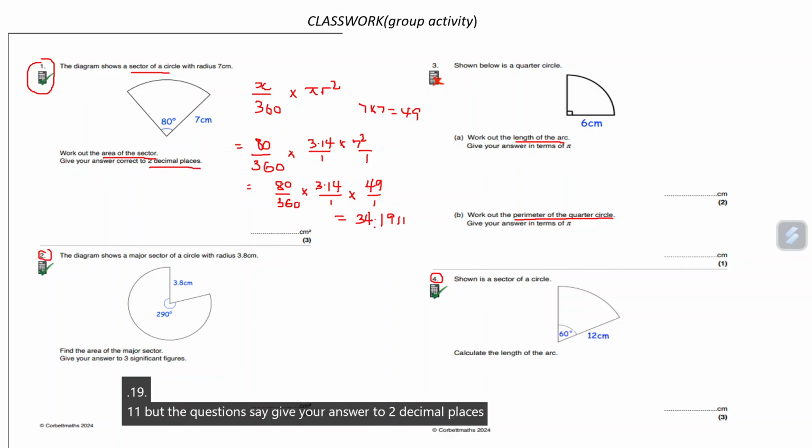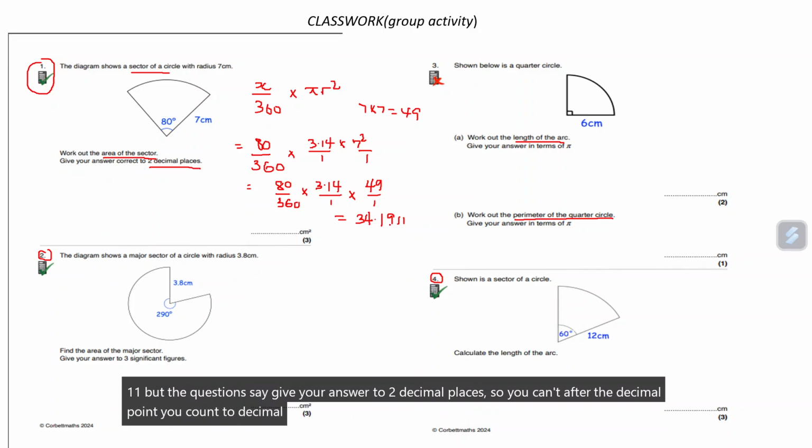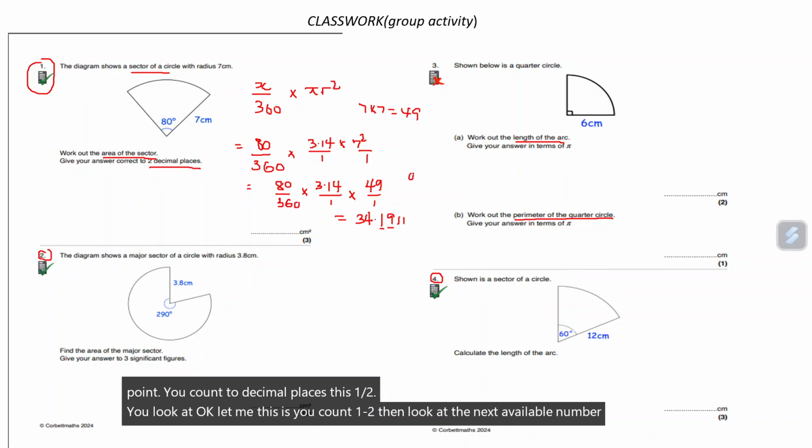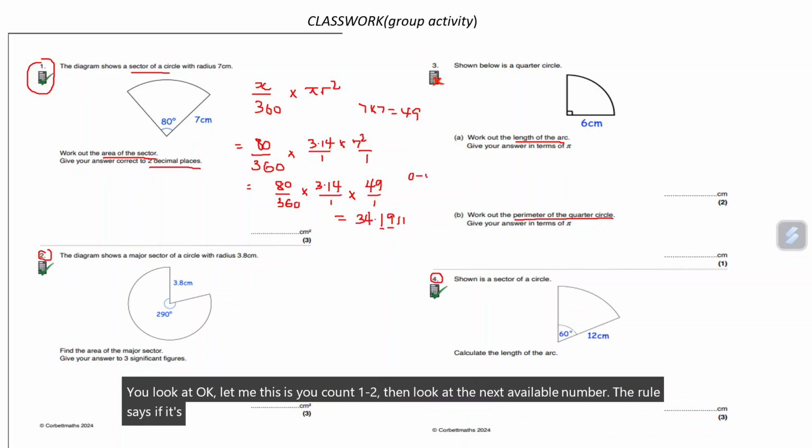So you count after the decimal point, you count two decimal places. One, two. Then you look at the next available number. The rule says if it's between 0 to 4, you round down.